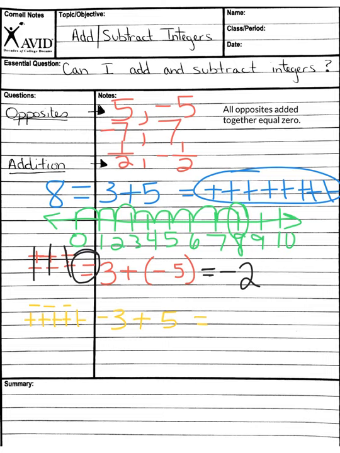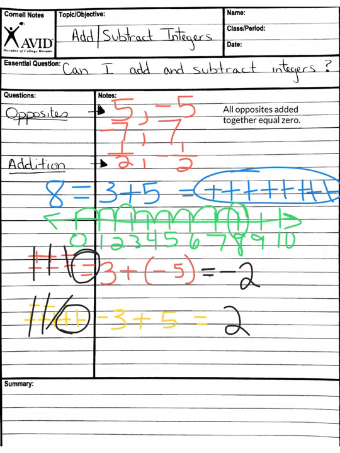And we know that opposites equal 0. So if we cancel out a plus and a minus, that's 0, and another one, and another one. And what do you have left? Because there's nothing else to cancel out. 2 plus symbols. So you would have a positive 2. Whereas the answer before was a negative 2.